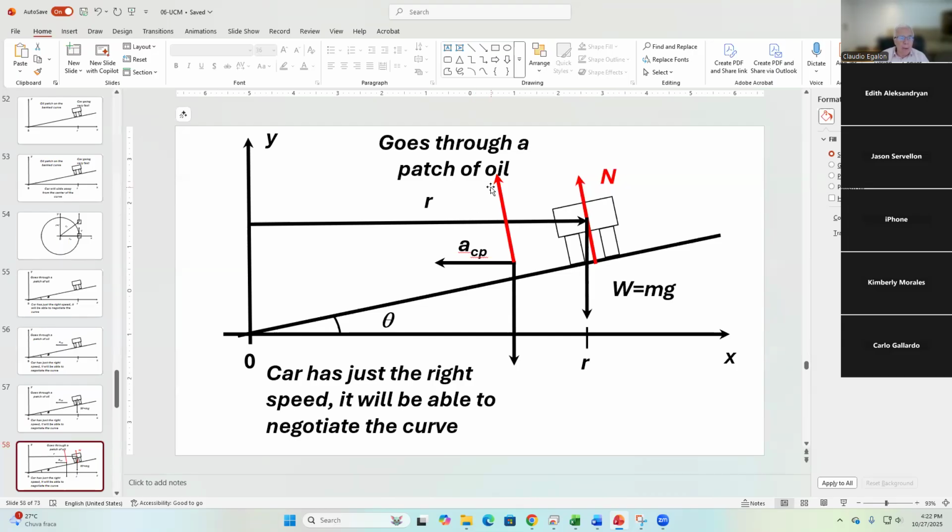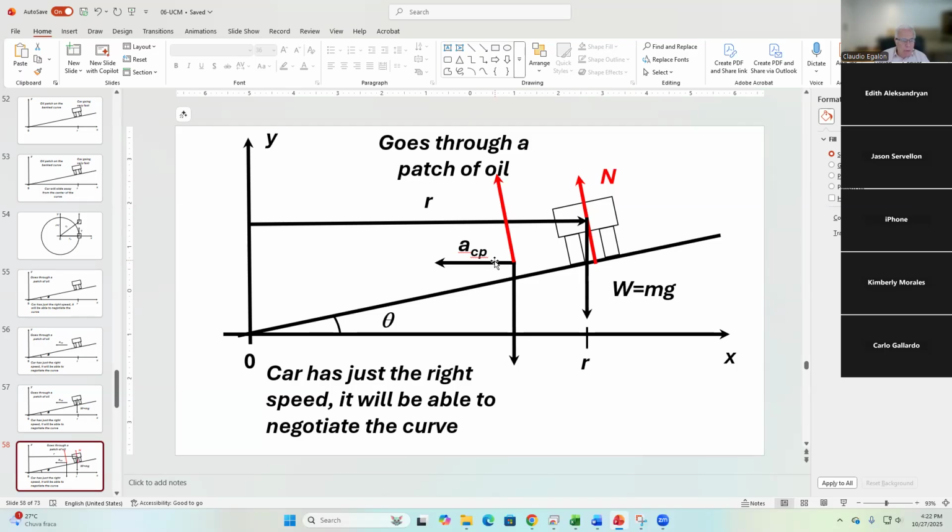And then there is one more important thing. Since there is no frictional force to ensure that the car stays along its path, there must be some other force that will serve as a centripetal force.